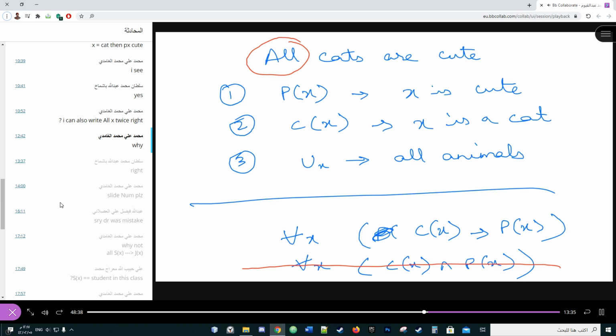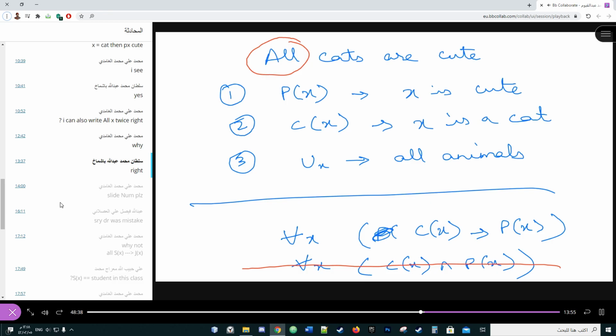You can look at the truth tables, you will understand. But for now, just remember this: when you're talking about all, do not use and, use the if. Otherwise, it'll never be true. So this is something to remember.